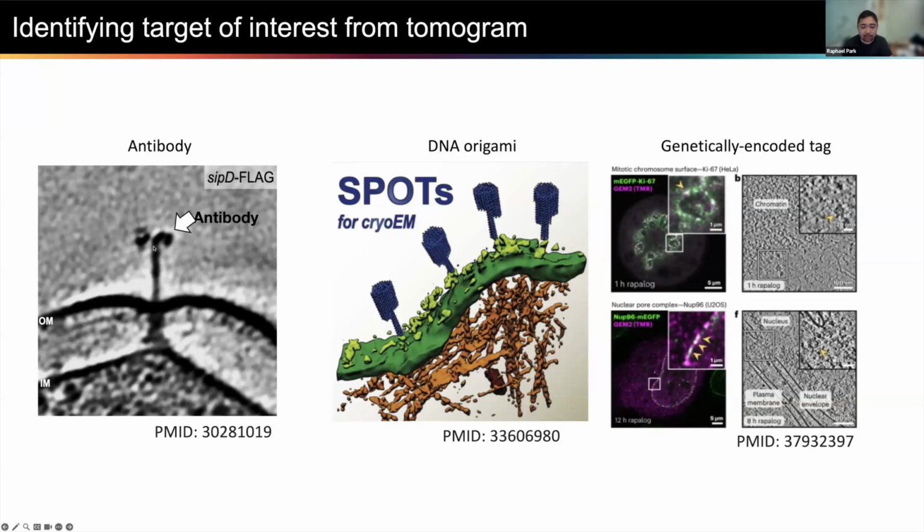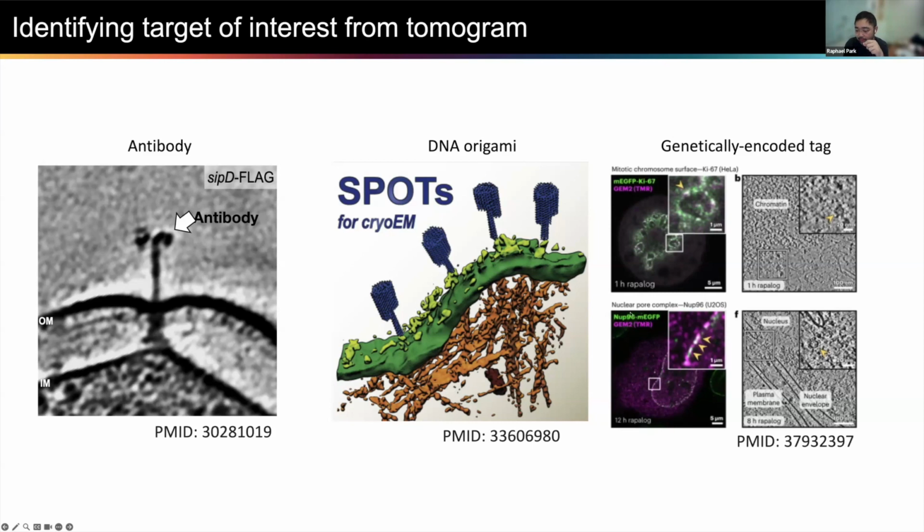In this particular example, we put a tag at the tip of this needle complex, and we added IgG specifically probing for that protein, and you can clearly see that this antibody density decorates the protein of interest. There was also a group where people used DNA origami, which looks very unique because there's nothing that looks like DNA origami inside a cell. So they use this type of tag to identify where the target of interest is.